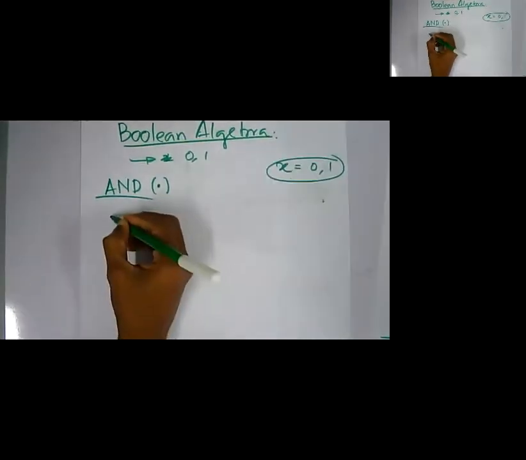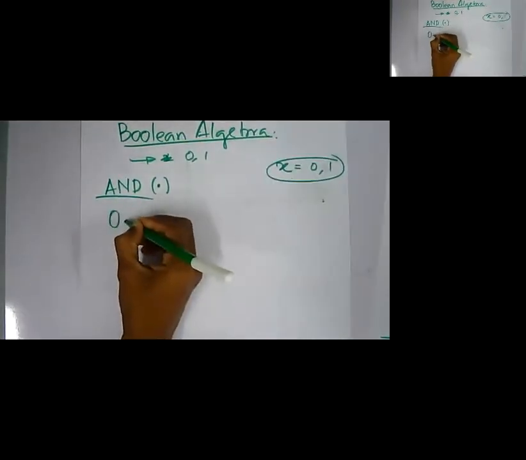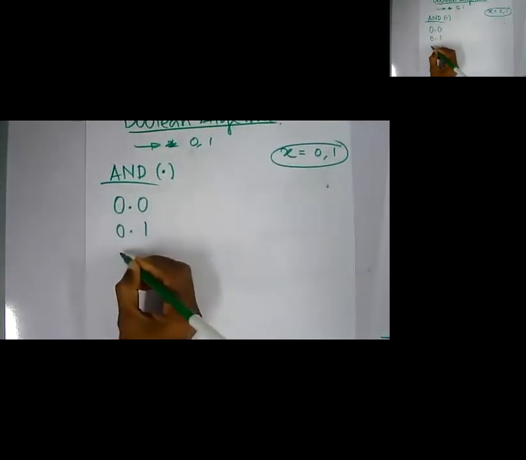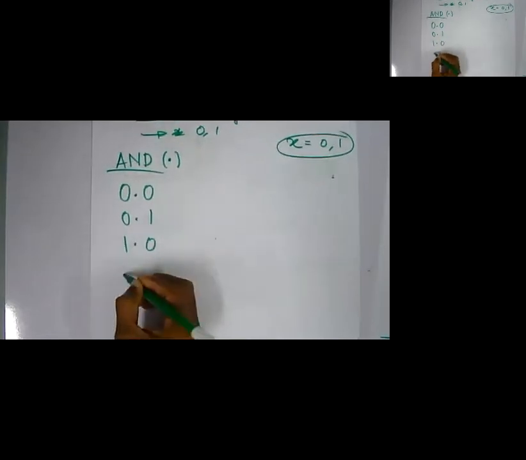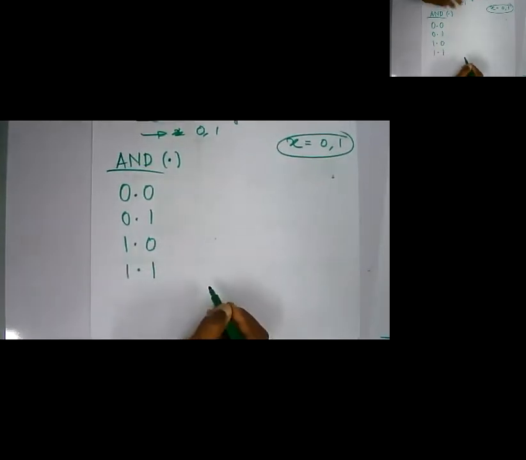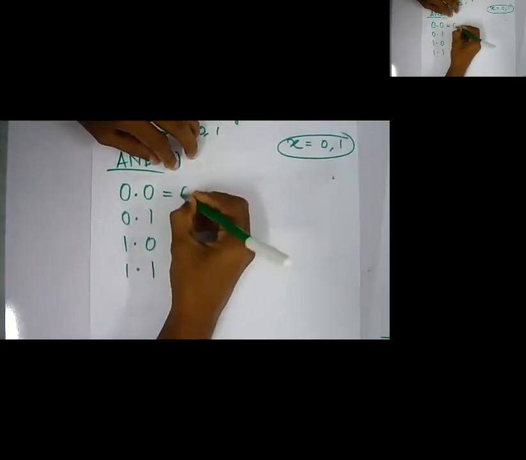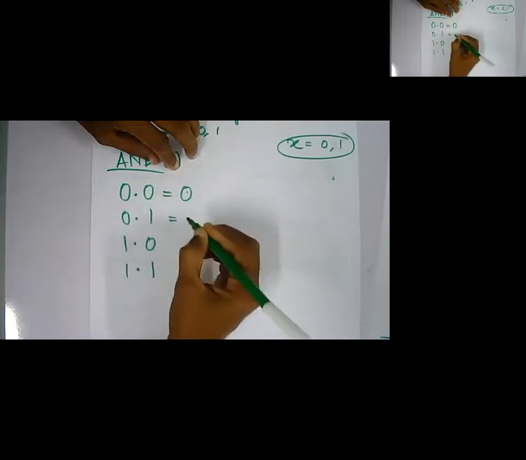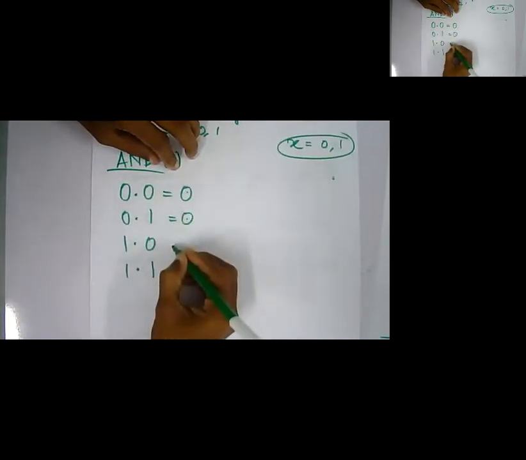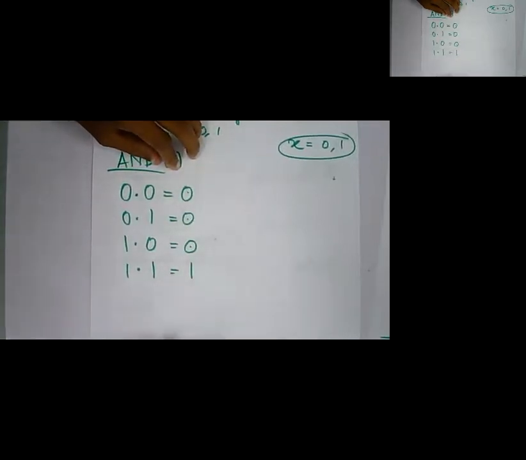For example, 0.0, 0.1, 1.0, 1.1. You can assume it as just multiplying. 0.0 becomes 0, 0.1 is 0, 1.0 is 0, but 1.1 only becomes 1.